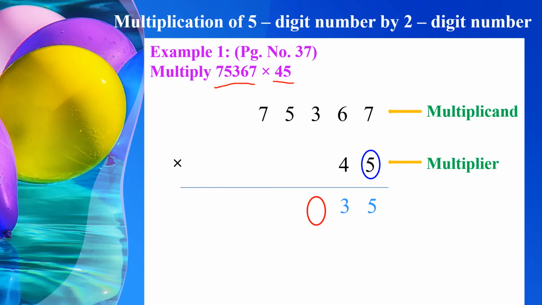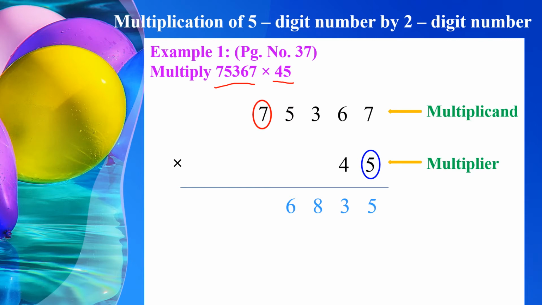The next, 5 into 3, which is equal to 15. So 15 plus 3, which is equal to 18. Write 8 here and 1 in mind. 5 into 5, which is equal to 25. So 25 plus 1 equal to 26. Write 6 here and keep 2 in your mind.